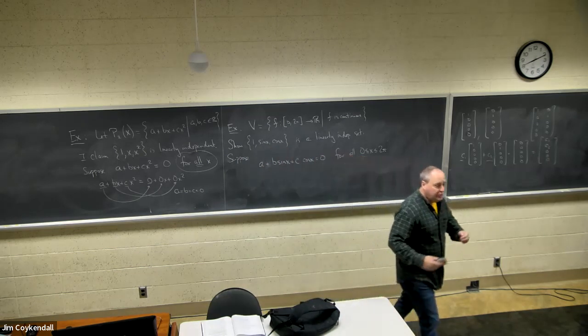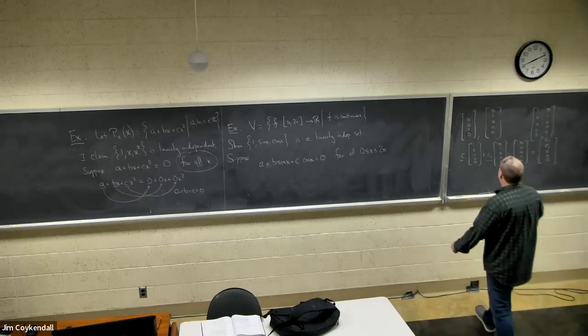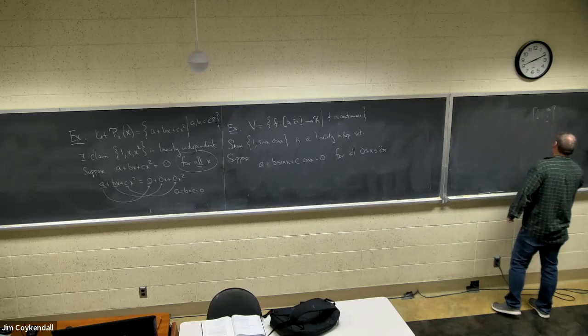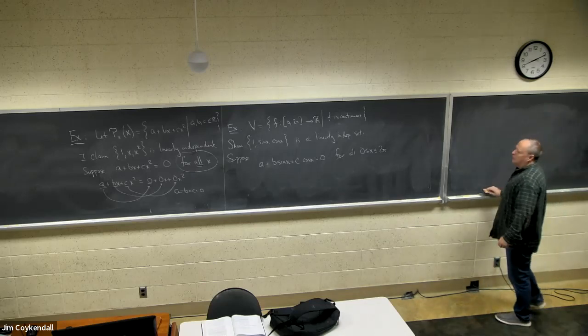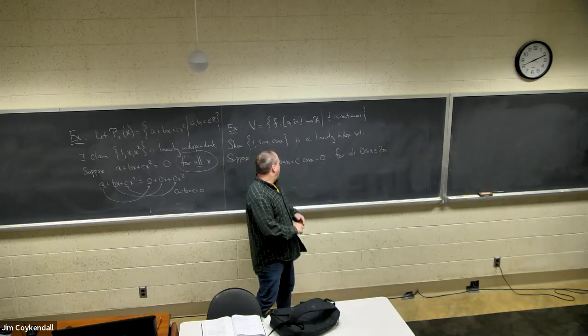What you need to do is show that A and B and C are all zero, right? And like I said, we did this in the previous problem. Any ideas? How are we going to show this?